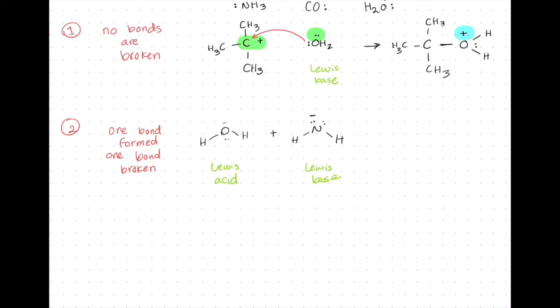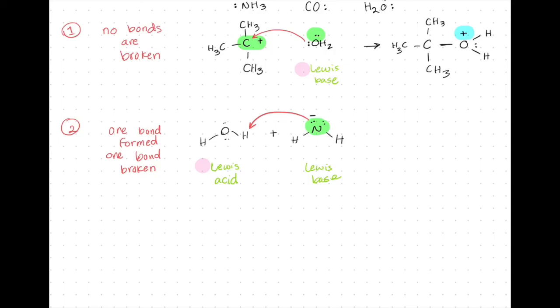And that is only because we have this nitrogen in the middle, which is negatively charged, and nitrogen does not like that at all. And oxygen is more able to handle that negative charge. So if we want to draw the arrow, we'll draw it from here. It's going to grab the hydrogen.